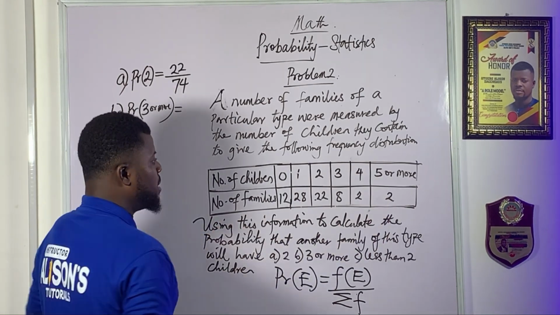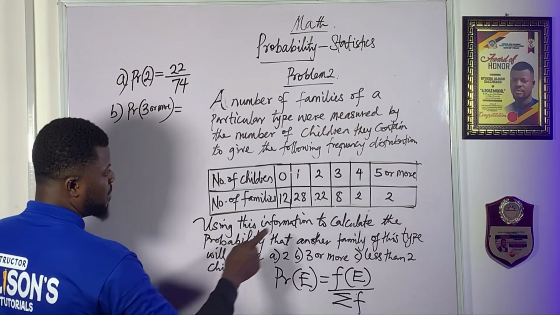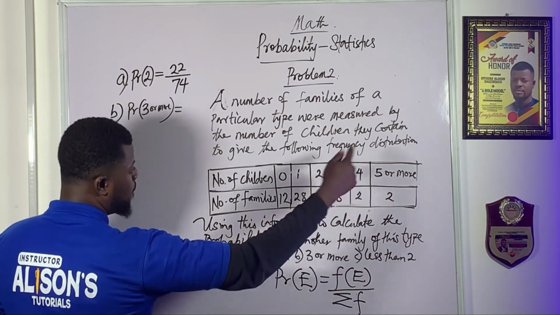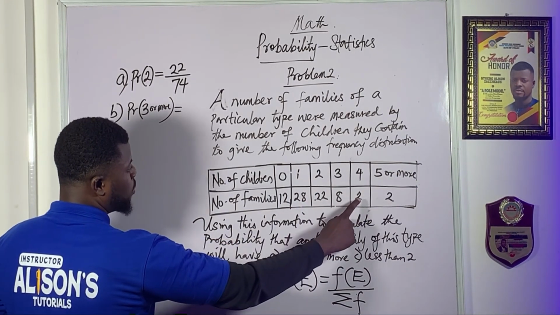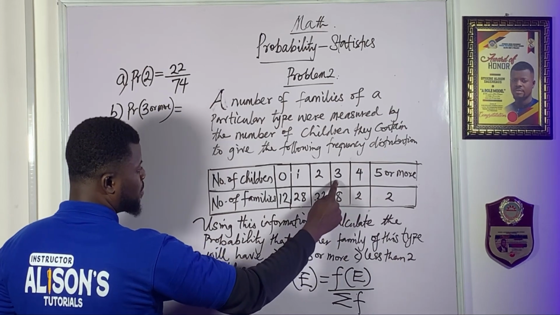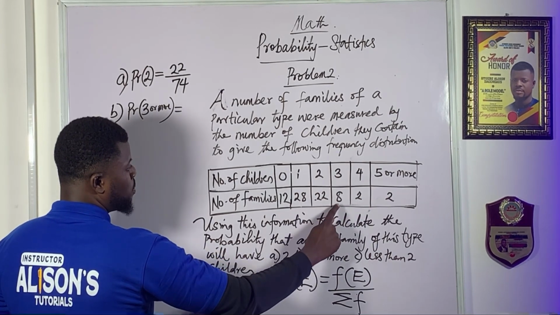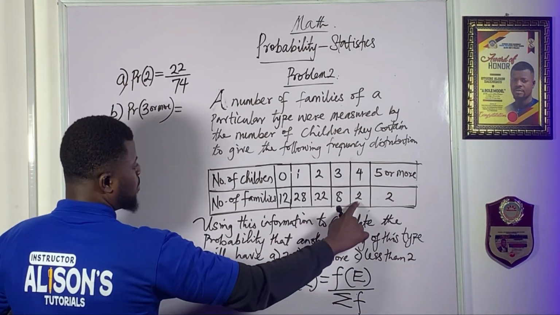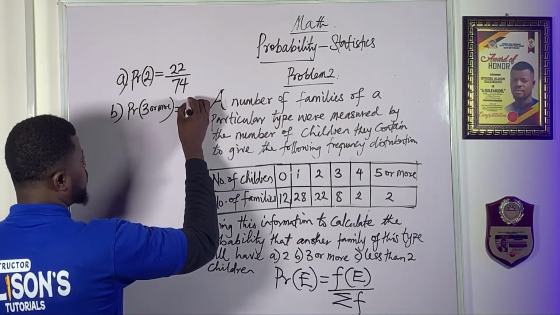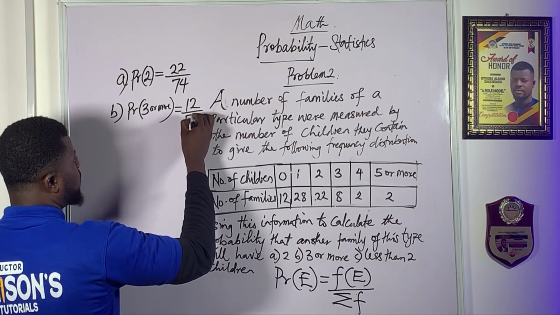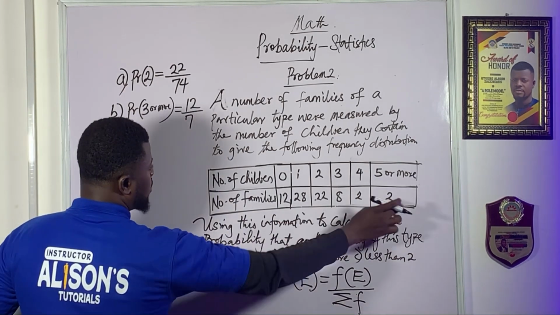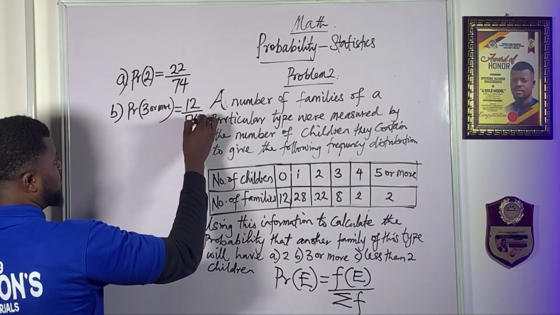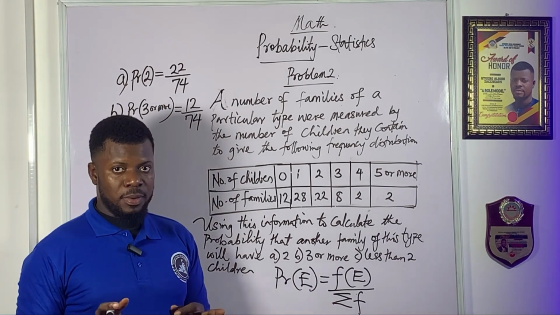So the probability that we're having 3 children or more would be, start from the position where you saw 3. So it becomes 8 plus 2 plus 2. Then 8 plus 2, that will be 10, plus another 2, that will be 12. So that becomes 12 over the total number, which is 74. We fixed that problem also.